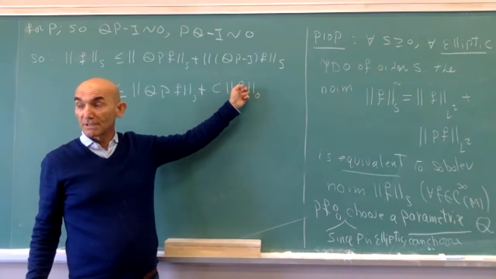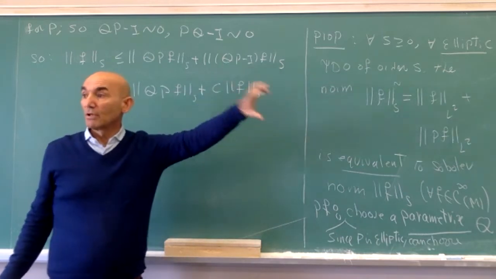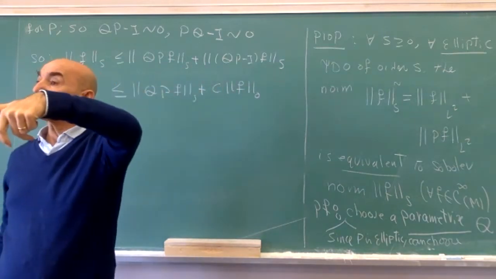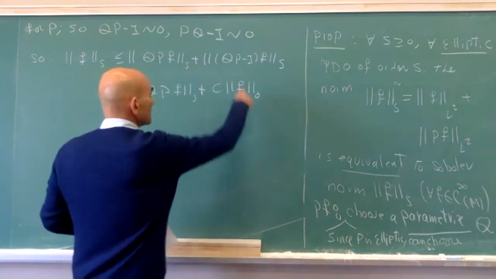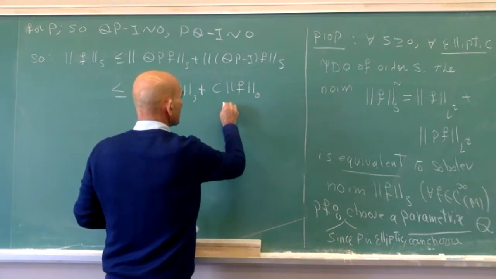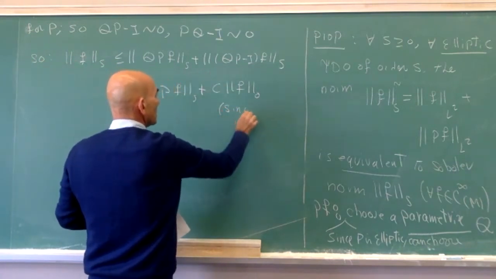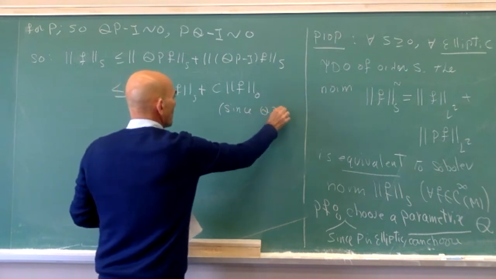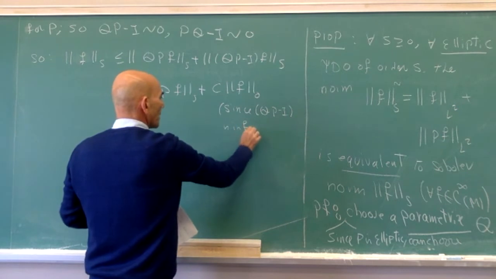The reason for this is that this is an infinitely smoothing operator. So that embedding, remember, from HS to HS minus M is bounded. This is since QP minus identity is infinitely smoothing.